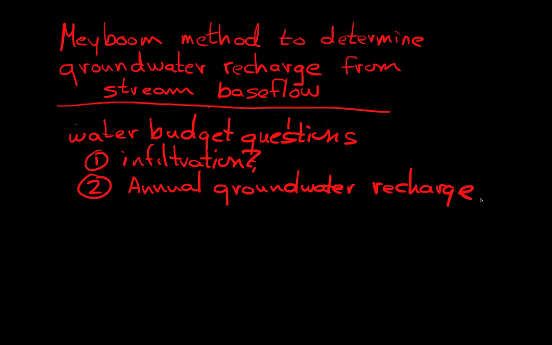So we'll answer these questions by quantifying aquifer discharge. So here's the idea. We have stream base flow. And remember, base flow is the water coming out of the aquifer to supply the flow in the stream during periods when there's no overland flow. So the stream base flow is equal to aquifer discharge.